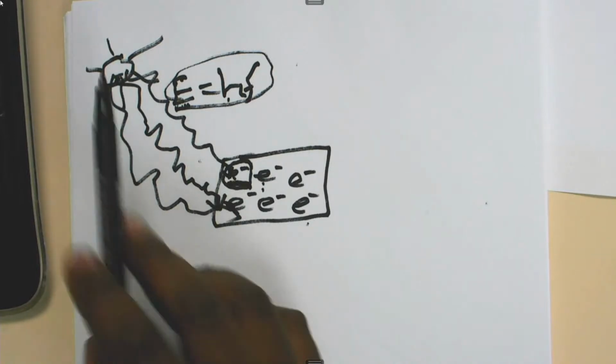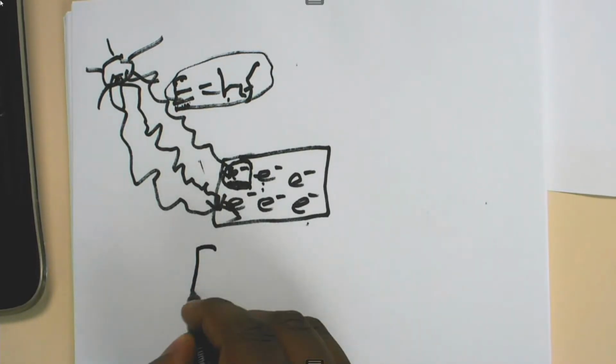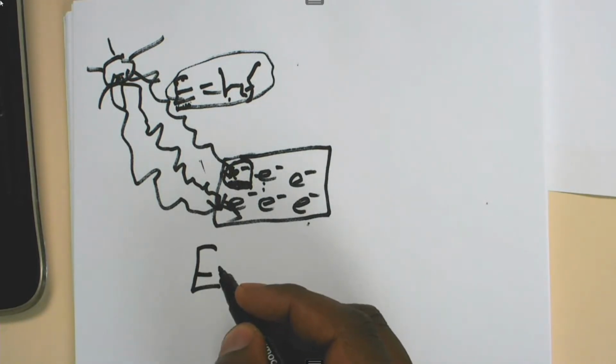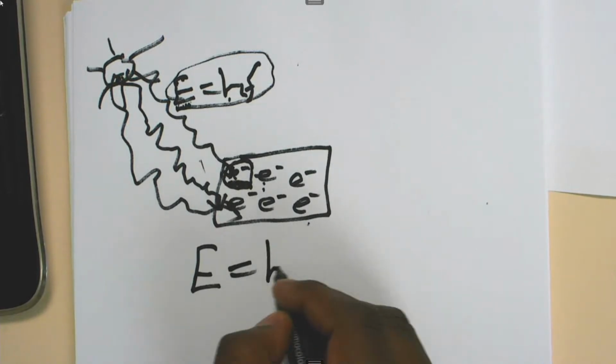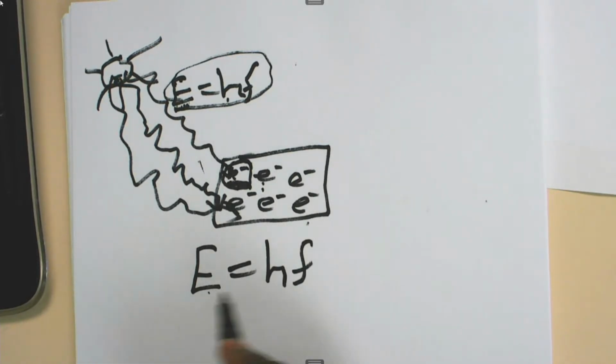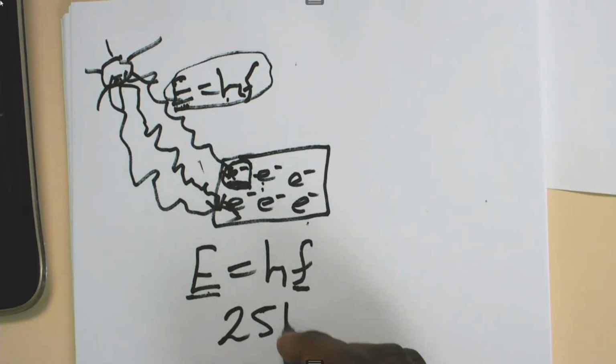So the packet of energy that will reach the electron on the metal is given by E, which is equal to hf. And from this formula, we can see that this energy depends on the frequency. Let us say we have our energy as 25 kilojoules.